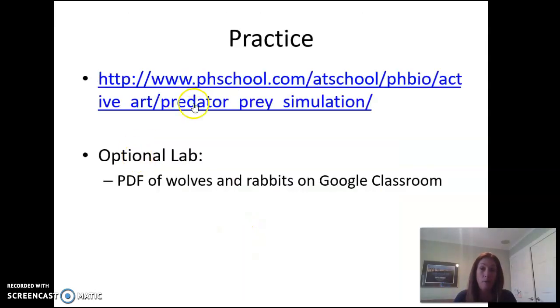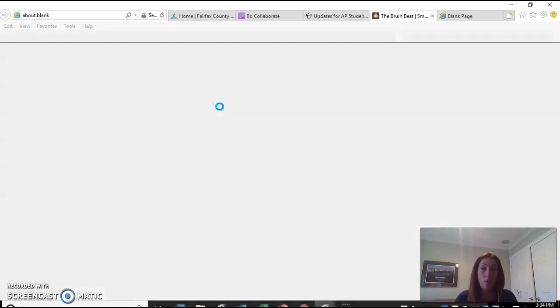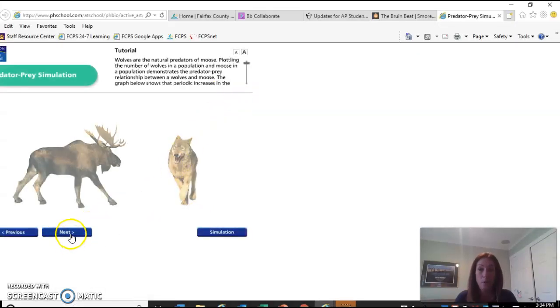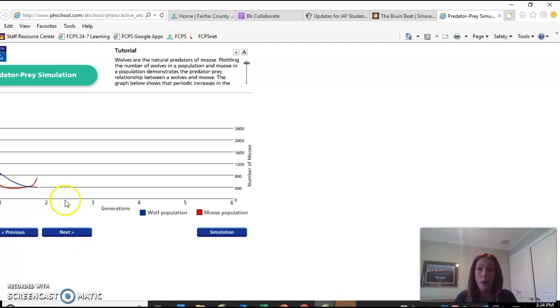So I do have a simulation, and there is an optional lab that you can do with this. But just to kind of see this in action, here is the blue line is our predator, the red line is the prey. So our prey line has to increase first in order to see our predator go up.